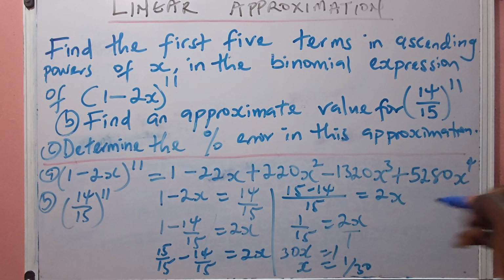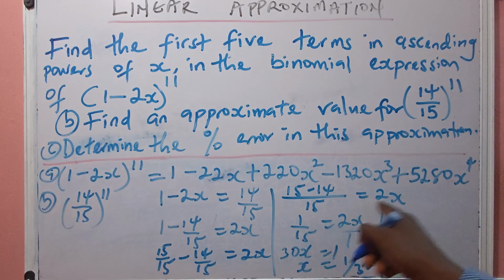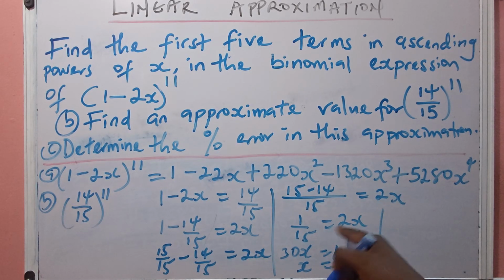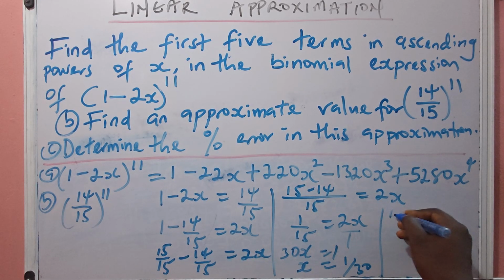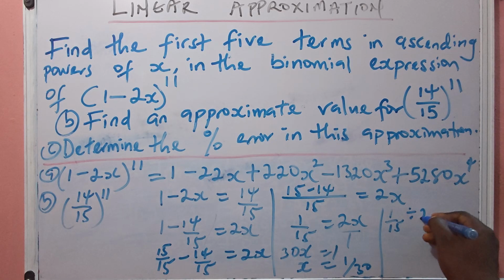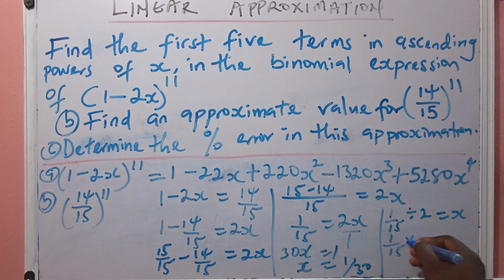And if I decided not to go through that route, you can go on to divide at this stage, divide both sides by 2. That'll be 1 over 15 divided by 2 equals x. That'll be 1 over 15 times 1 over 2. That'll be x. And then x here is also still 1 over 30. So whichever route you decide to follow, my x value is the same, 1 over 30.